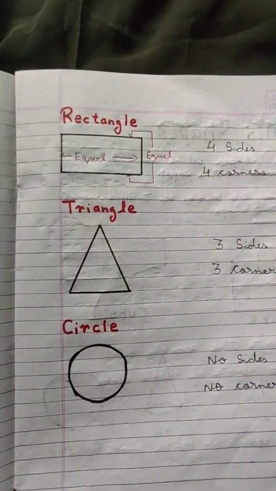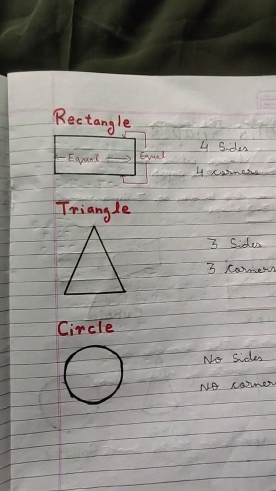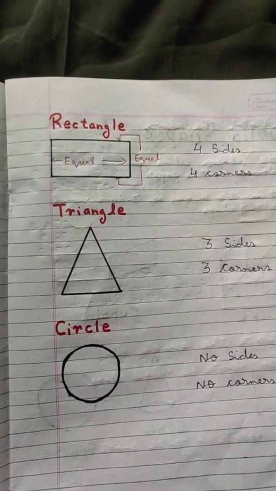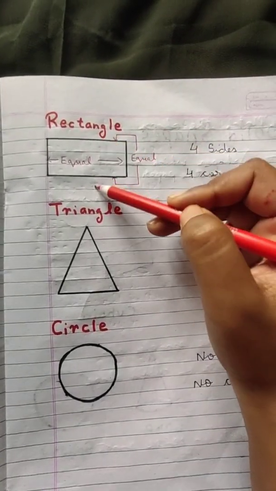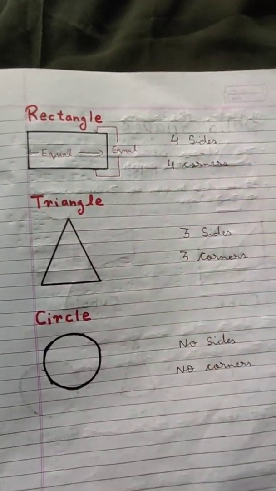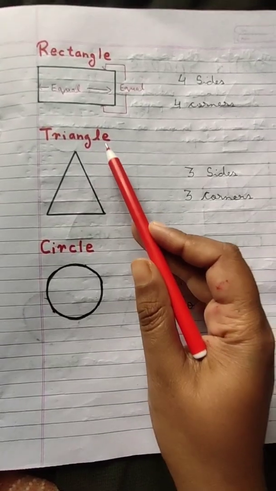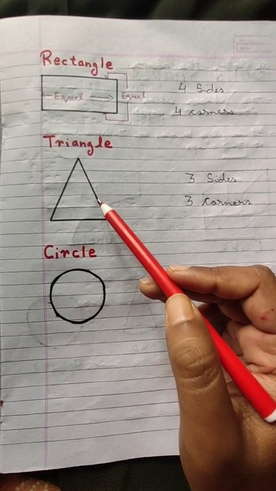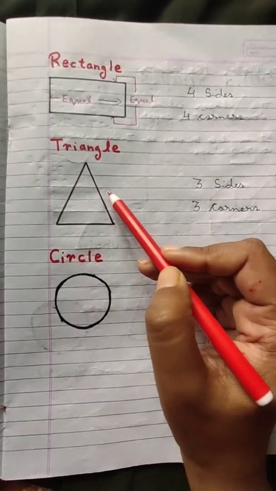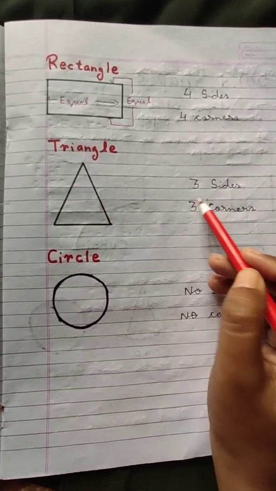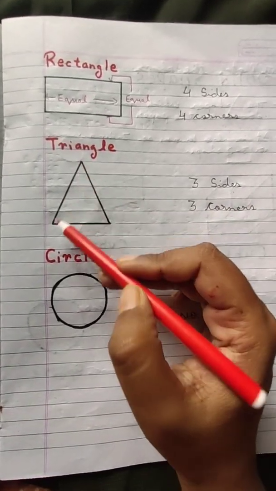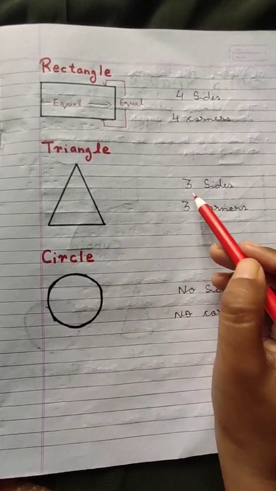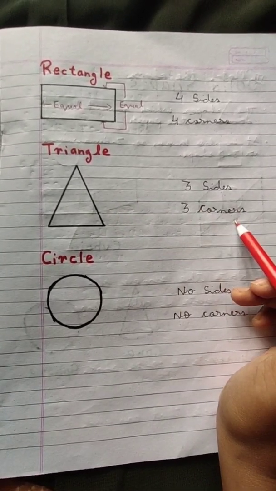So what is the difference between square and rectangle? In a square all 4 sides are equal, but in a rectangle its opposite sides are equal. Triangle. This is the shape of a triangle and it has 3 sides and 3 corners.